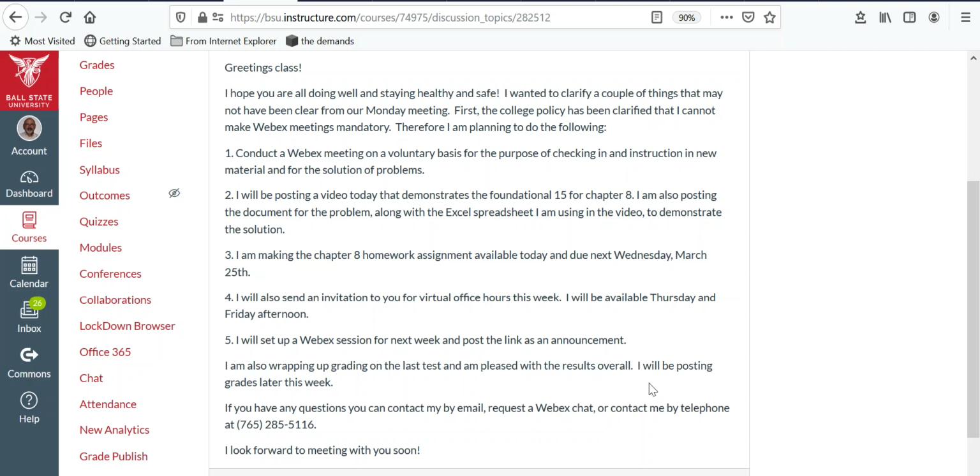And this time, because of the issues with not being able to do test corrections, I'm going to go ahead and do a curve based on the results. So depending on where you arrive in the class, where your grades are, we will curve that according to the results that I see after I do some more in-depth analysis of it.